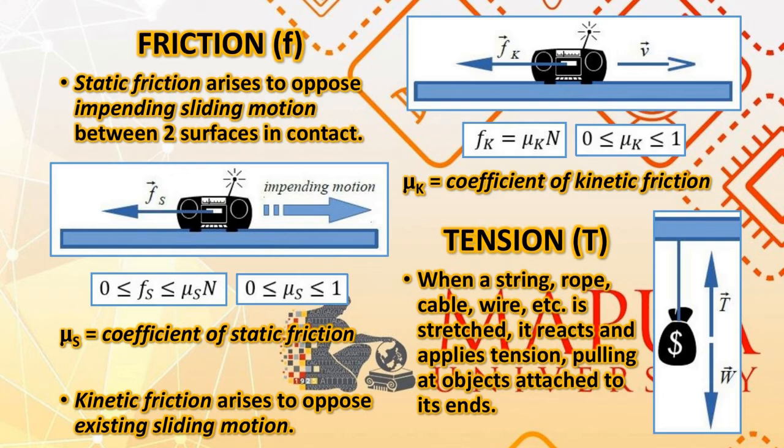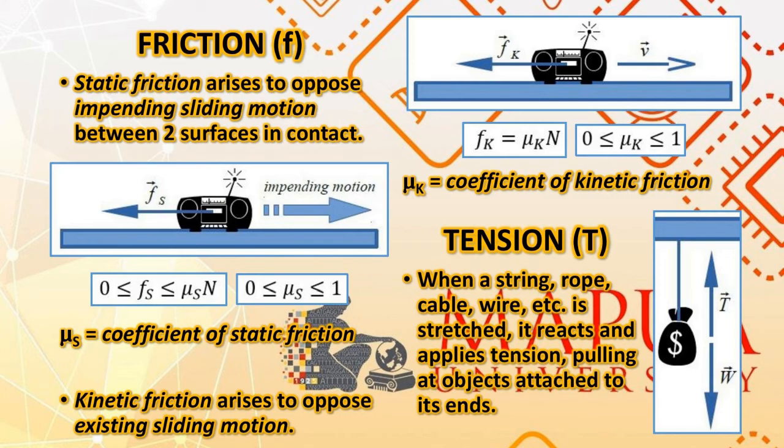Mu k is the coefficient of kinetic friction and a property, again, of the surface pair that we have. Typically, mu k ranges from 0 to 1. So as you can see, just like mu s, mu k does not have any unit.